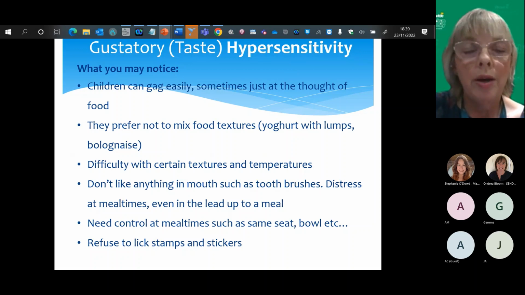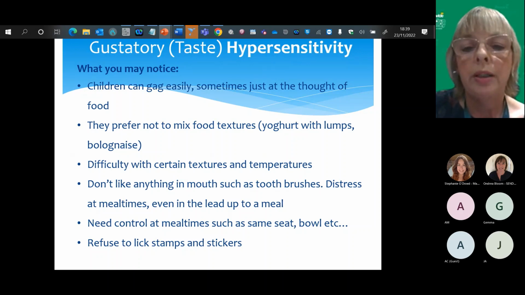One morning I ran out of Uncle Ben's rice. So in my feeding preparation, I cooked the rice and put literally a tablespoon of ordinary rice in just to top it up. So it was 99% exactly what the children were used to. I opened the box and the little boy turned around and said, "There's something wrong with the rice," and he knew it was different.